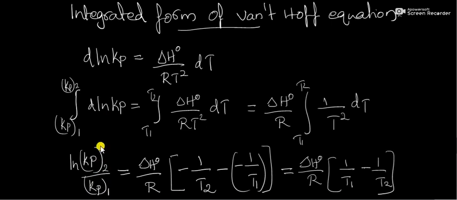By applying upper limit minus lower limit, we can write ln Kp2 divided by Kp1, which is equal to delta H0 divided by R into minus 1 by T2 minus 1 by T1, or we can write delta H0 divided by R into 1 by T1 minus 1 by T2.